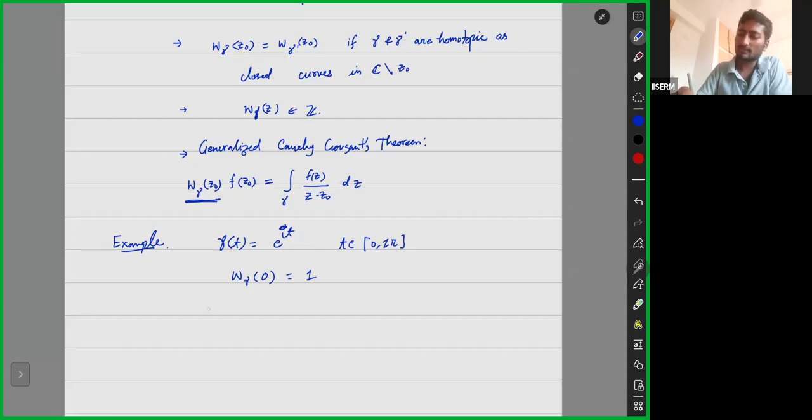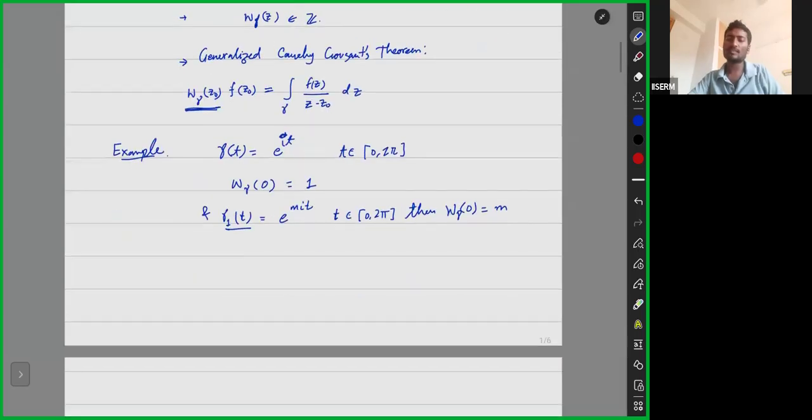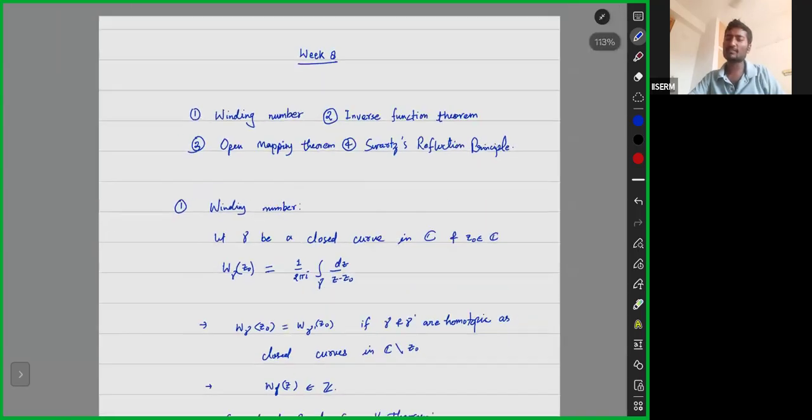And if gamma prime of t is equal to e to the power i m t, where again t is running from 0 to 2 pi, then the winding number is m. This curve rotates around 0 not 1, not 2, it actually winds around 0 m times. Okay. So these are some examples of winding number, and then the inverse function theorem.